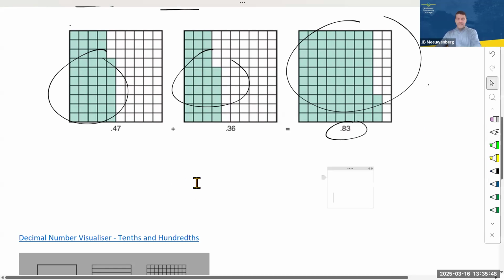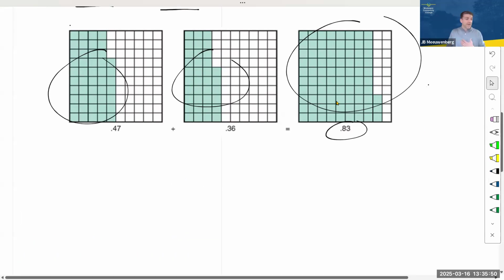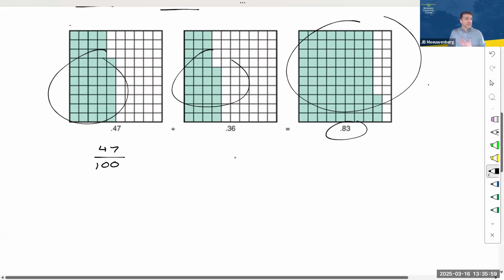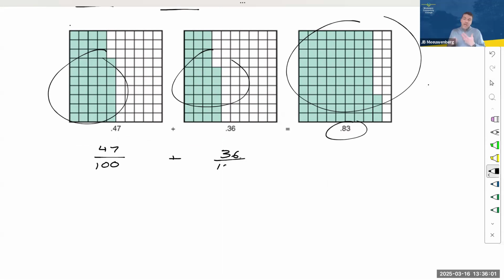fractions if we think about our decimals based on their place values. So 47 hundredths is equivalent to 47 hundredths as a fraction. And 36 hundredths looks like this.